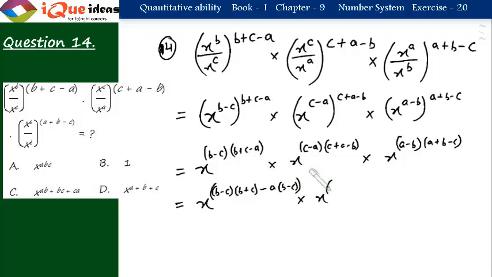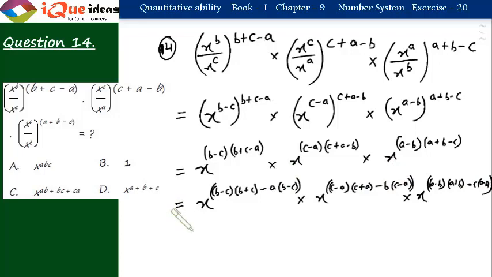The second one will be x raised to the power (c-a)(c+a) minus (c-a)b. And the third one would be x raised to the power (a-b)(a+b) minus (a-b)c.